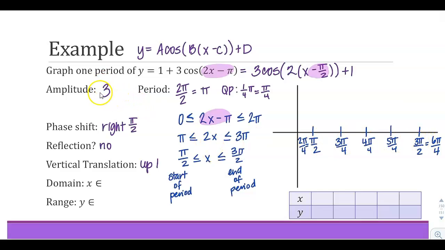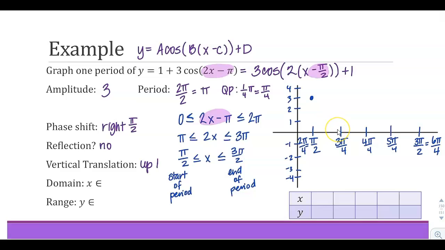I'm going to go ahead and think about the amplitude of the function. Now since this is a cosine graph, my function starts at the amplitude. But remember, the start is pi over 2, not 0. So I'm going to go ahead and label 1, 2, 3, 4, and 1, 2, 3, 4 downward. So I have labeled my y-axis values. And I know that I start at the amplitude, so I start at pi over 2, 3.